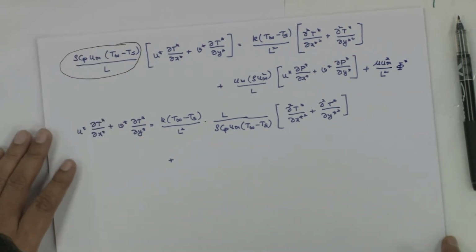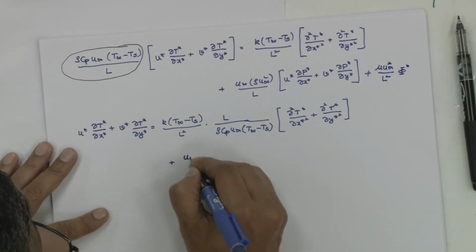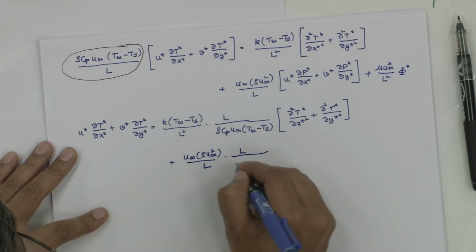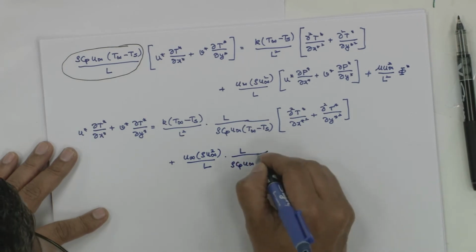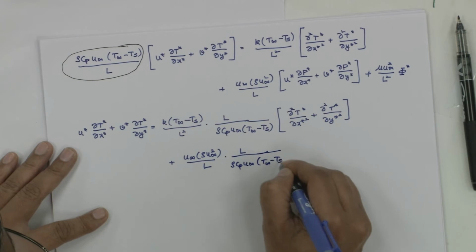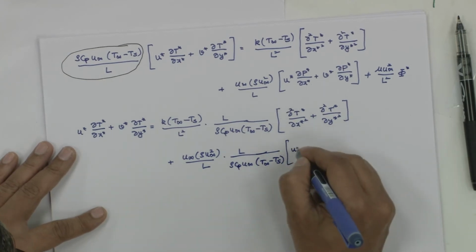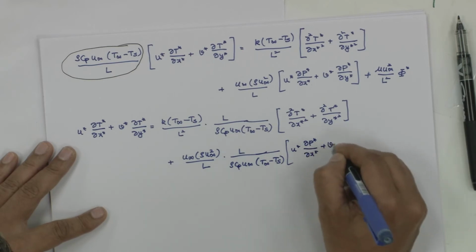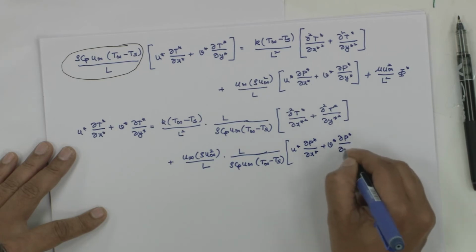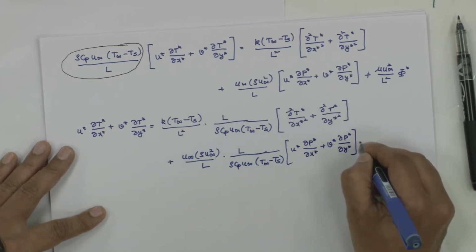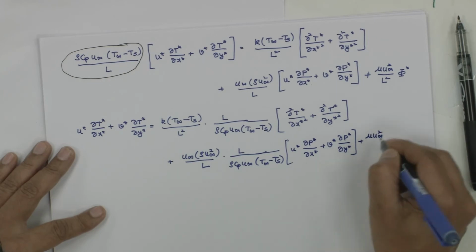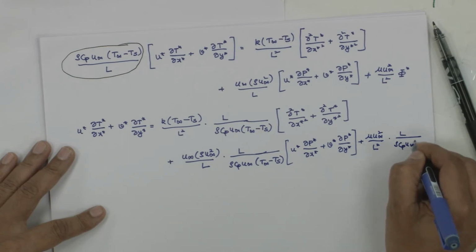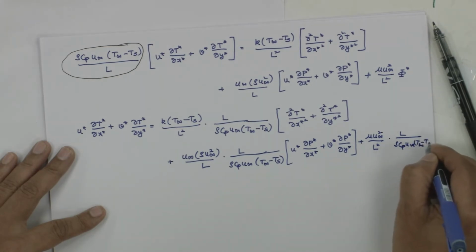So you have u infinity into rho u infinity squared upon L into L upon rho Cp u infinity into T infinity minus Ts into u star del p star by del x star plus v star del p star by del y star, plus mu u infinity squared by L squared into L upon rho Cp u infinity into T infinity minus Ts into phi star.